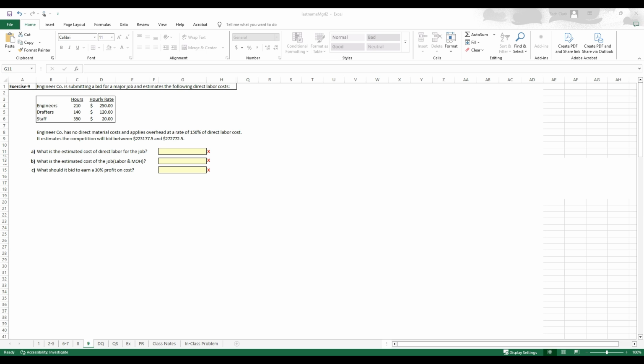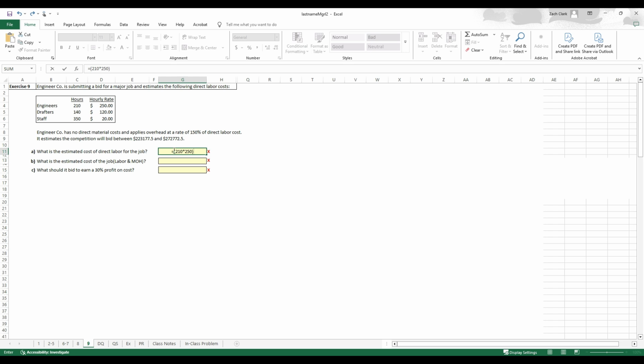So the first thing I did was just multiply the hours times the rate because I wanted to get our total estimated direct labor cost, and if you add that all up, it's 76,300. And so I think that's the question actually for this very first one. And here I'll show you in a formula just so you can see. So the 210 times the 250 per hour, right?